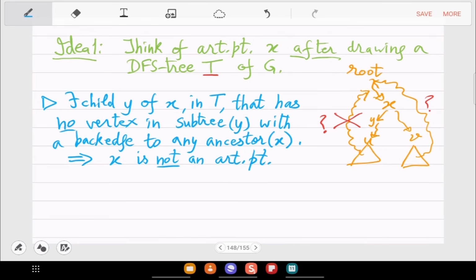If there is no back edge, yeah, maybe I'm making a mistake. X is an articulation point. Yeah, so why is that? I think logically some of you have seen how it should be.